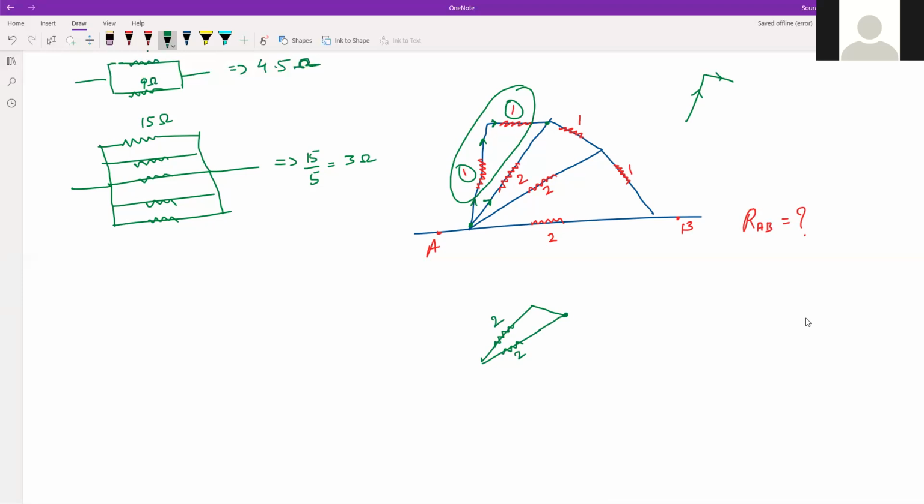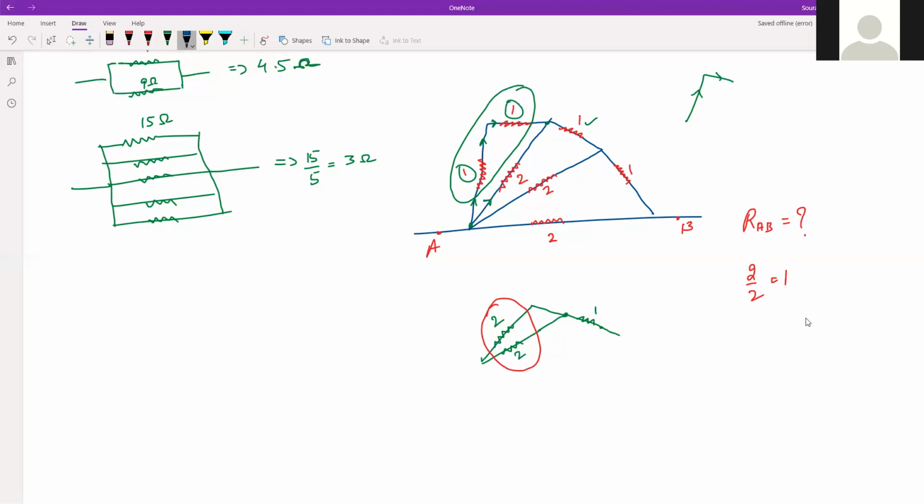Is it clear? So this was 2, this was 2, and after that there is this one. This is 1, and then we'll take it further later. So these two now, this 2 and 2, which are in parallel, will be 2 by 2, that is equal to 1. So the equivalent of these two will be 1.